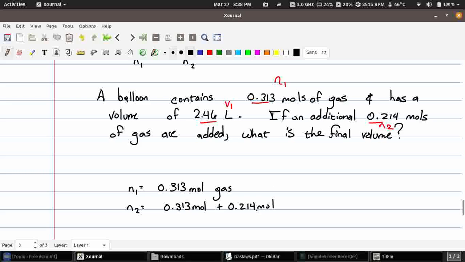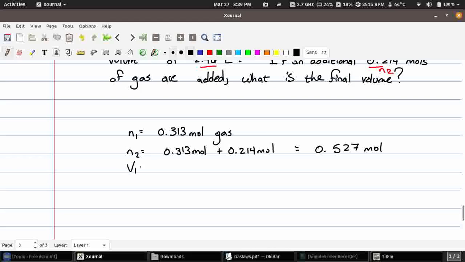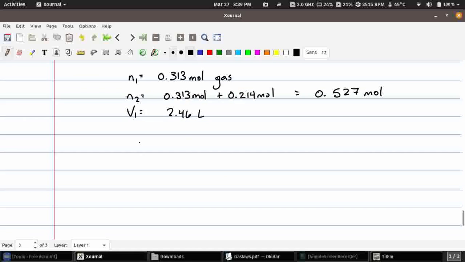So that comes out to N2 equals 0.527 moles. So that's your second mole value, because it says if an additional amount of moles of gas is added. And then we only have volume 1, which is 2.46 liters. So now you just plug it into the equation.